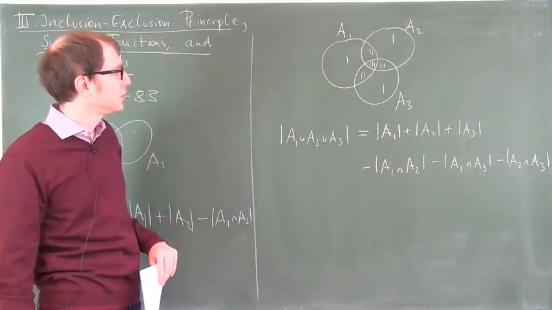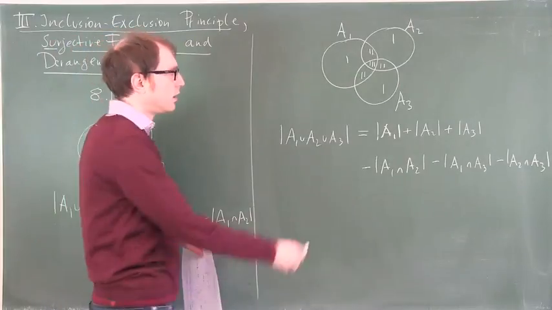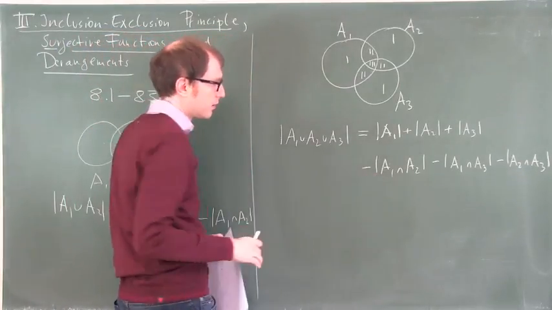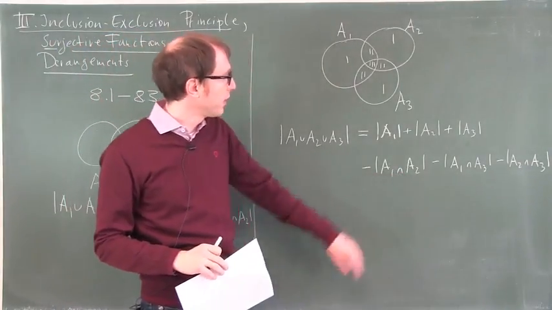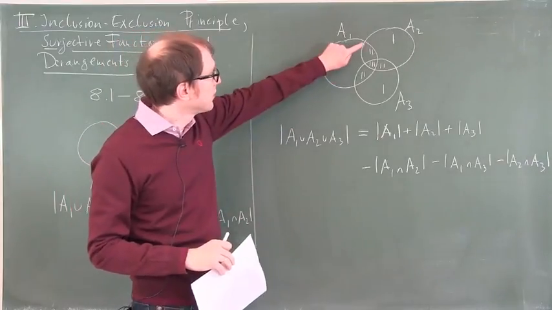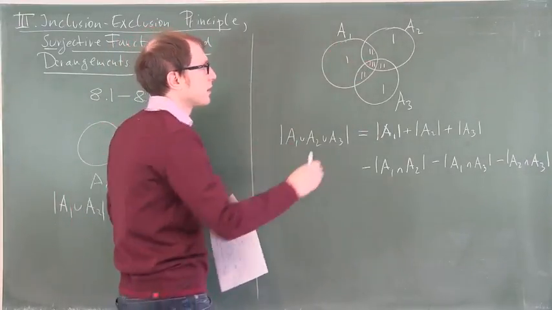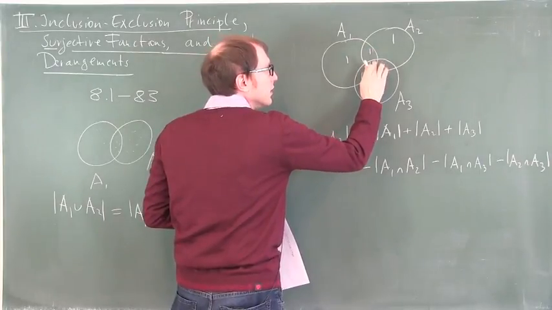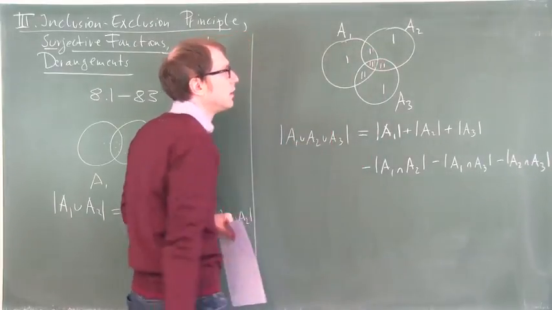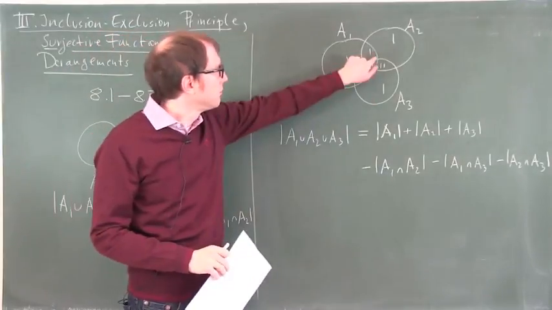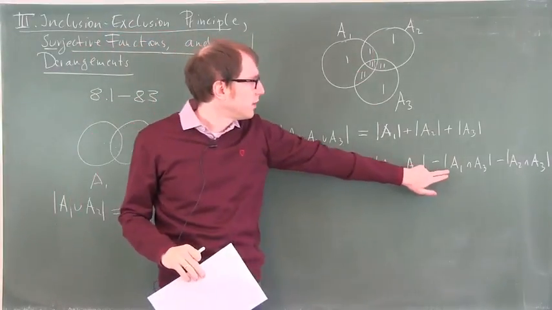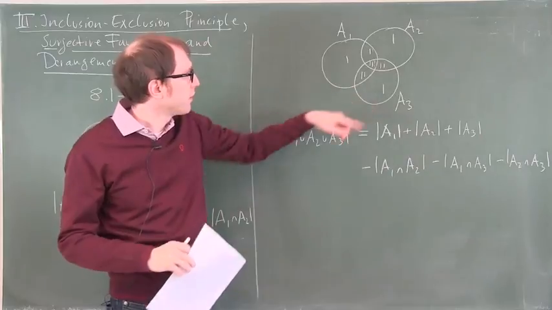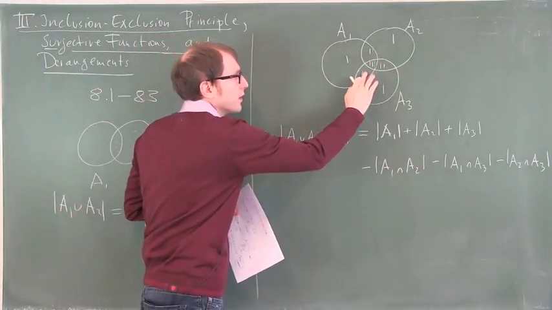Now what is happening here is, we have A1 intersected with A2. These are the elements in here. By subtracting them, we're essentially removing one of these little counts. Then A1 intersected with A3, so removing this.